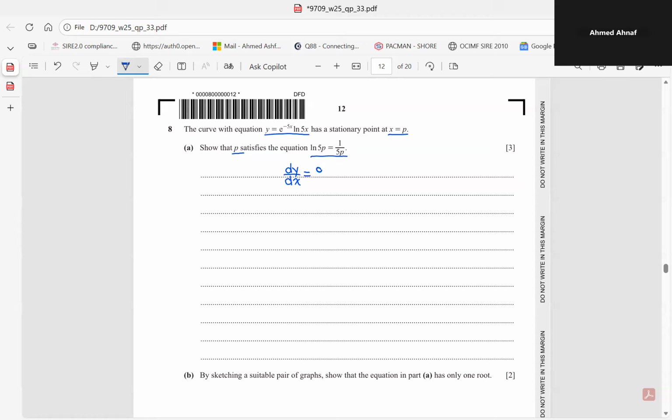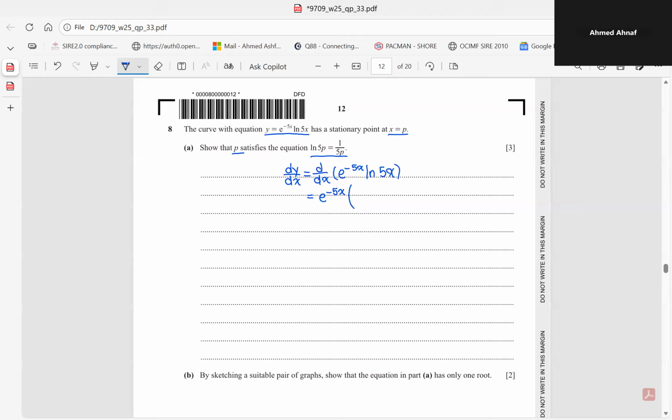So you take the derivative of e to the power of negative 5x times ln 5x. Since it's a product of two functions, we have to use our product rule here. What I like to do, instead of looking at the formula, is think of it this way. We keep the first term and multiply it by the derivative of the second term.